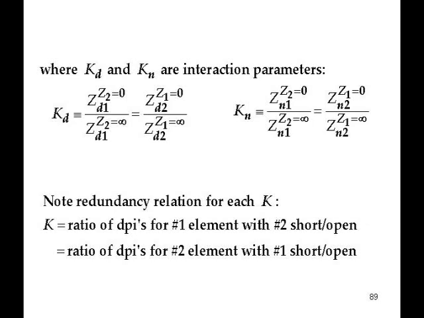You notice the final symmetry here, which is perhaps a little surprising. The KD and the Kn is the same for one element as it is for the other. Again, that's a symmetry required by the fact that you have to be able to interchange the subscripts without changing the answer. It's another redundancy.